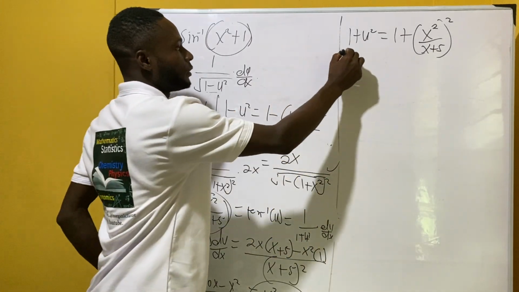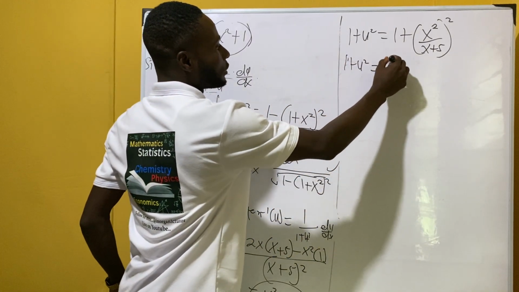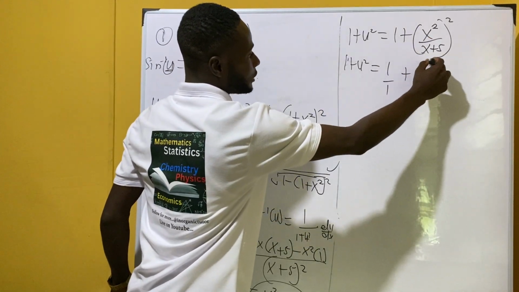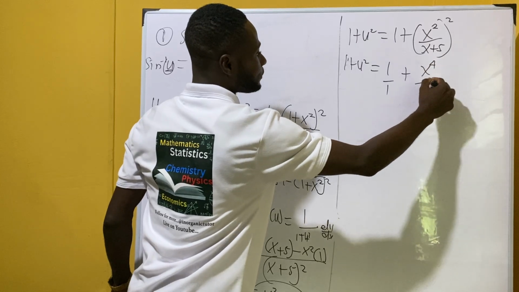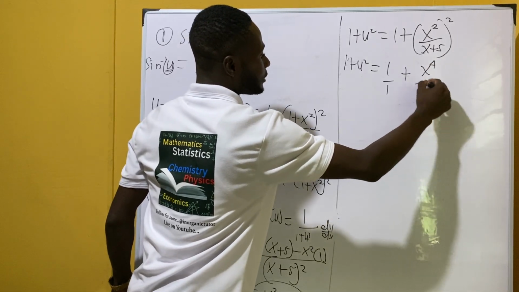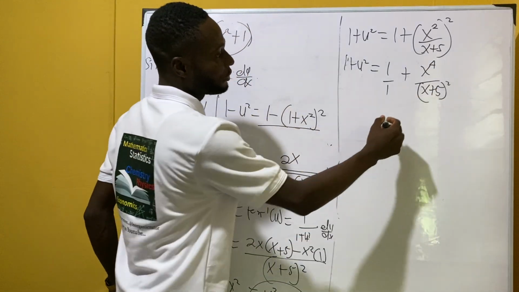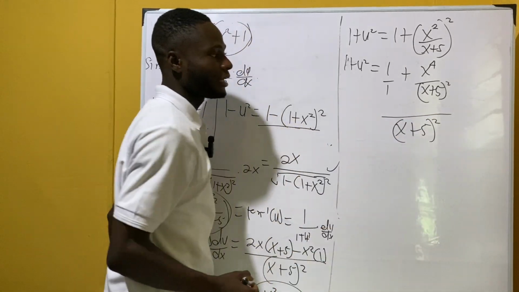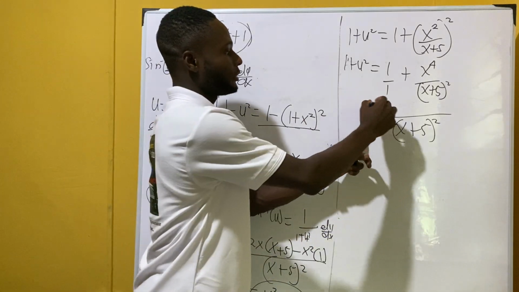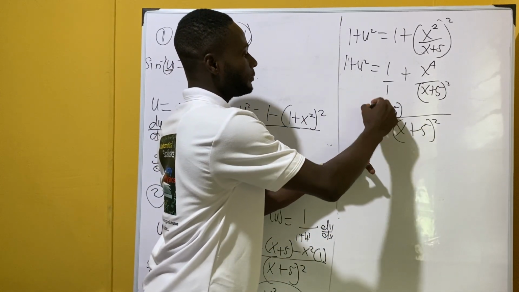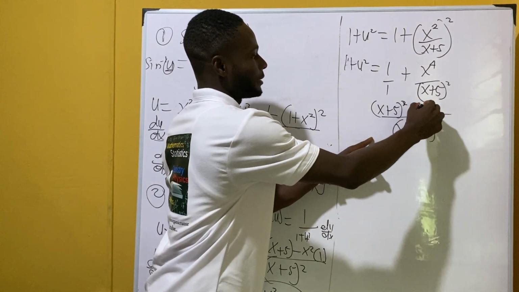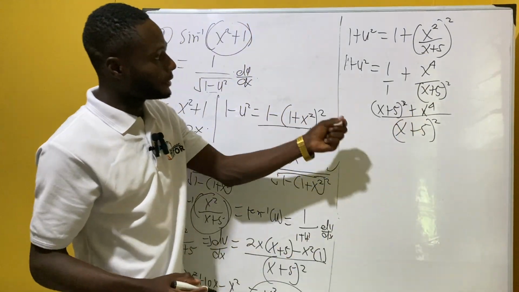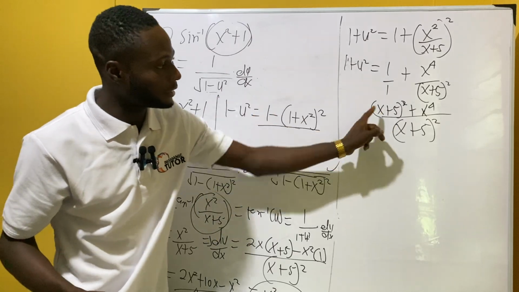Of course, this over 1 plus this one, you expand it, you're going to have x power 4 over this squared. So when you find the LCM for this, we have x plus 5 all squared plus x power 4 over x plus 5 all squared. So this is the 1 plus u squared right here.